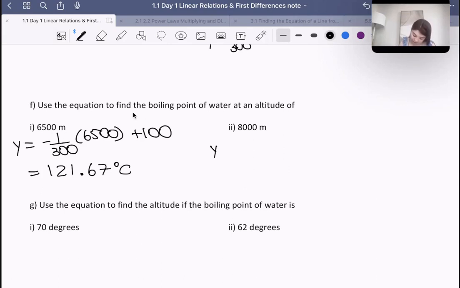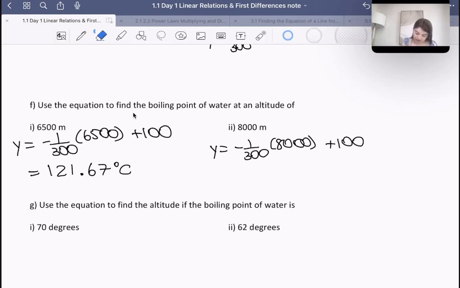So y is equal to -1/300 times 8,000 plus 100. Oh, my apologies. I have done this incorrectly over here. This one, 6,500 divided by 300, and then we're adding 100 too.